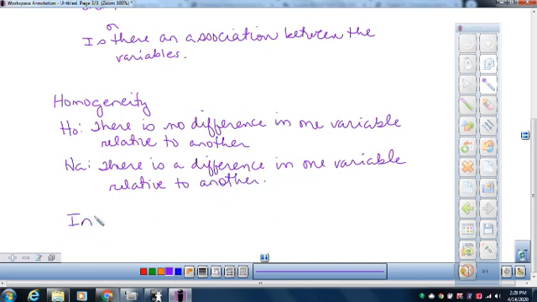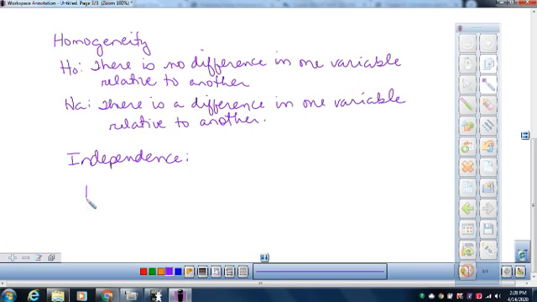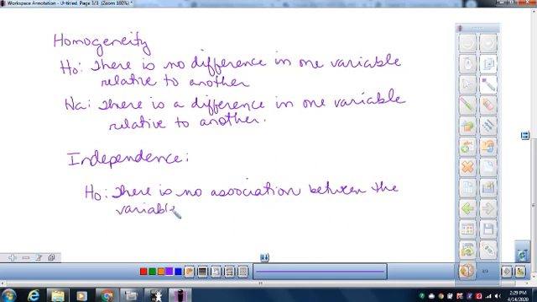And then for independence, the null is that there is no association between the variables. And if there's no association, they're independent.